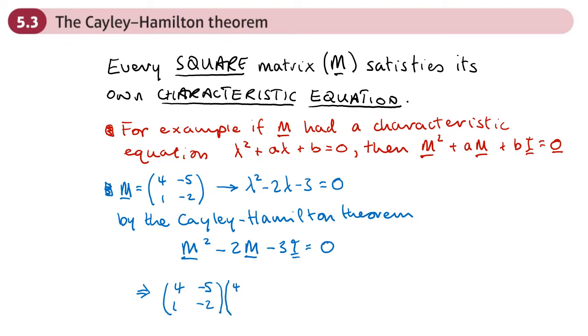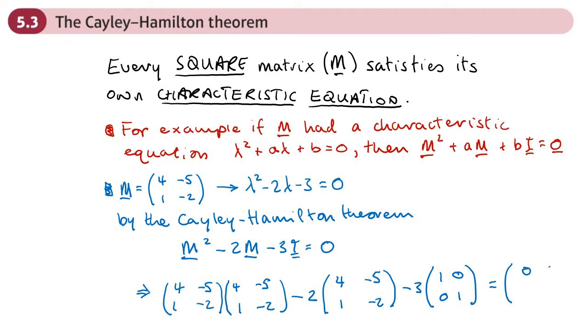So this is M squared, minus 2 times M, that's 4, -5, 1, -2, minus 3 times the identity, 1, 0, 0, 1. That will equal 0, 0, 0, 0, the 0 matrix. And you can multiply this out and check for yourself that this relationship does hold.